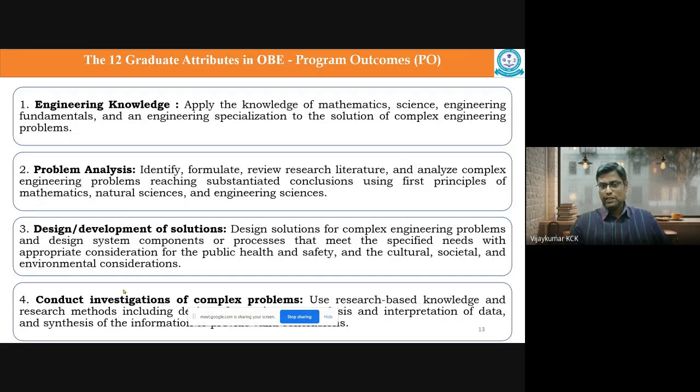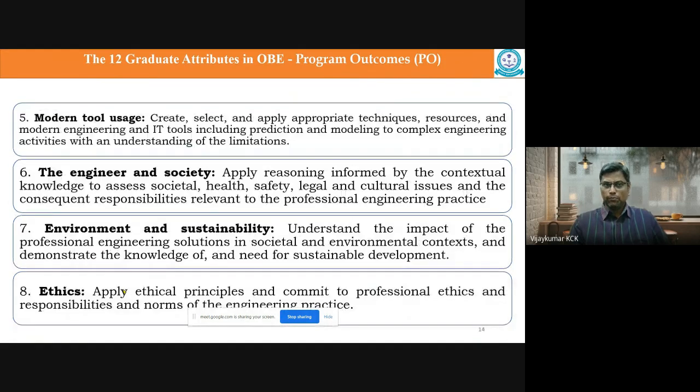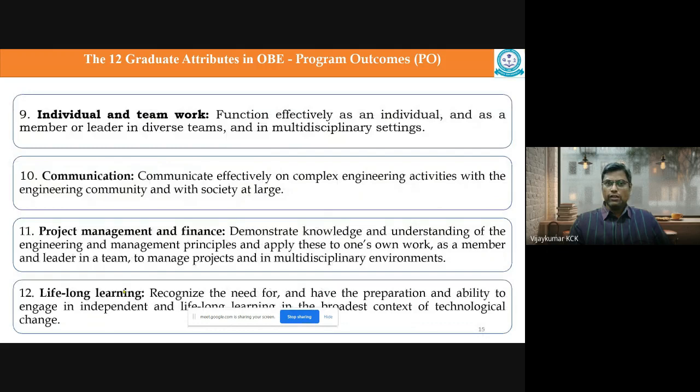These are engineering knowledge, problem analysis, design and development of solutions, conduct investigation of complex problems, modern tool usage, maybe like AICTE tools, and then the engineer and the society, environment and sustainability, ethics, individual and teamwork, communication, that is language, predominantly English is the language of engineering, and project management and finance, then lifelong learning.